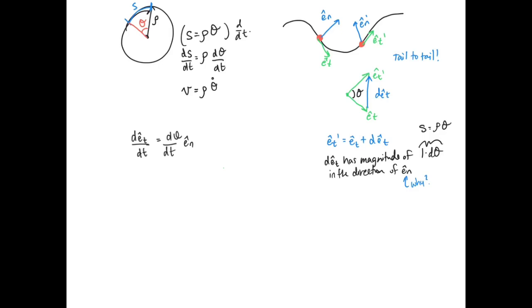Now if we look at this equation here that we derived before and we rearrange it, we have theta dot is equal to v over rho. If we plug that into here, we end up with, this is equal to theta dot En, which is equal to the speed over rho En. So I'm going to move this up and put all of these equations together.